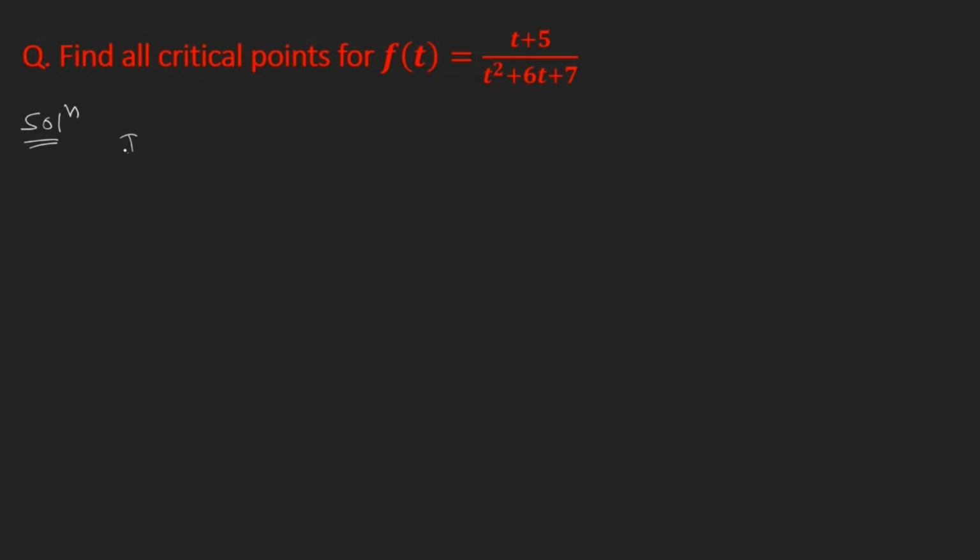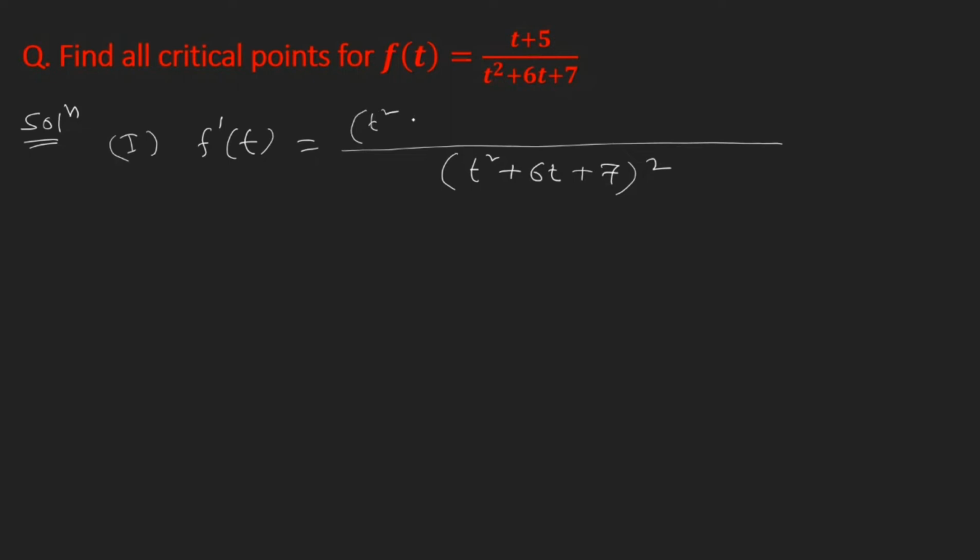So here we have to find the derivative f'(t), for which we have to apply the quotient rule. The denominator is (t square plus 6t plus 7) whole square. Then you have here t square plus 6t plus 7, derivative of t plus 5 is 1, minus t plus 5 times the derivative of t square plus 6t, which is 2t plus 6. So we'll try to simplify it.